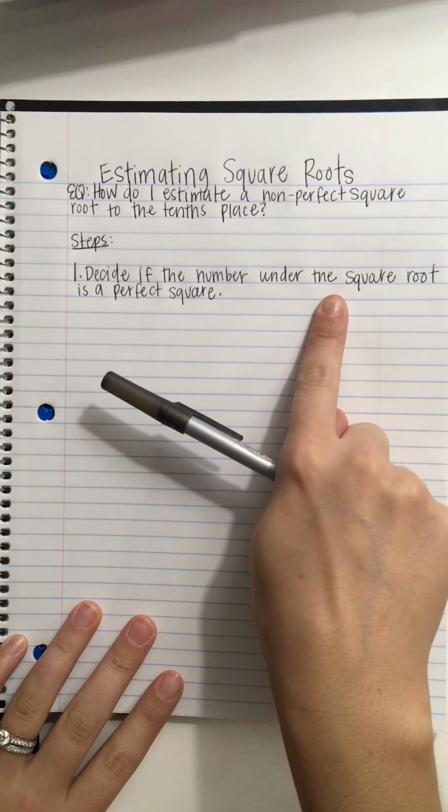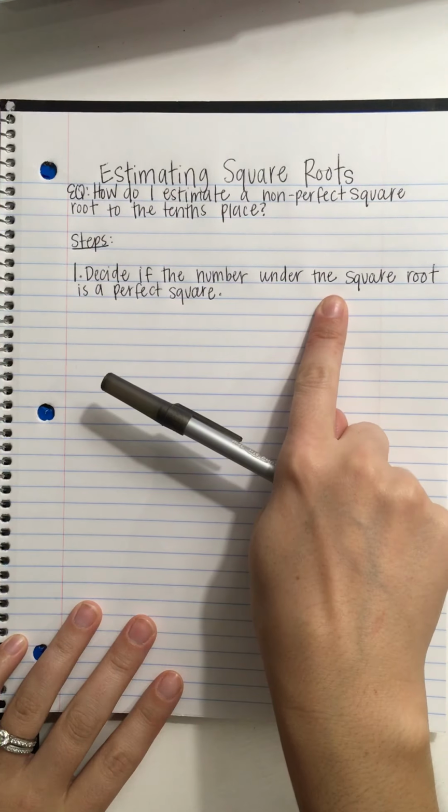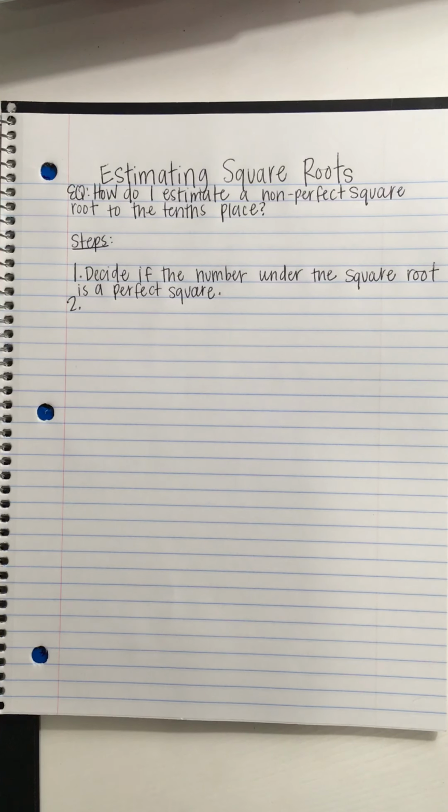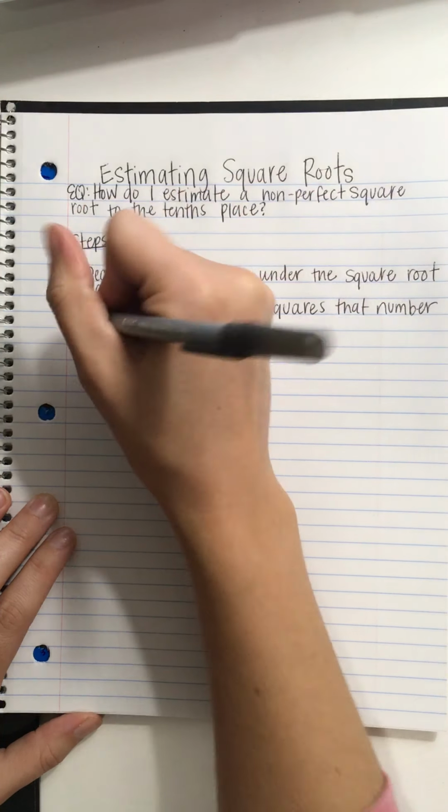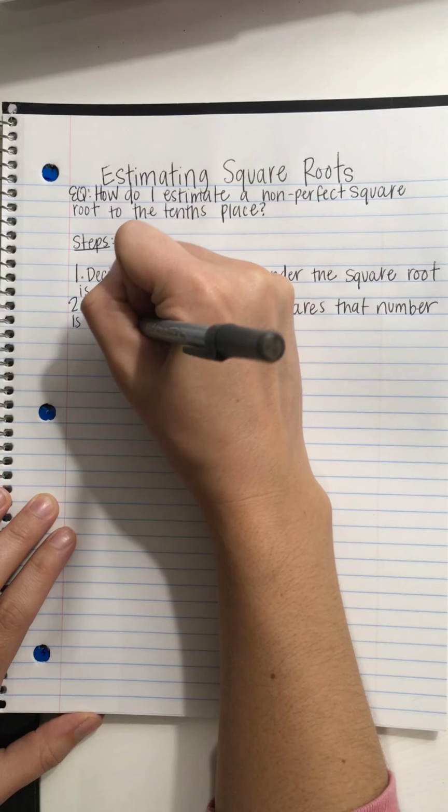So if it is not a perfect square, though, then we're going to move on to step 2 to estimate what that number would be if it's not perfect. So step 2 is find which two perfect squares that number is in between.